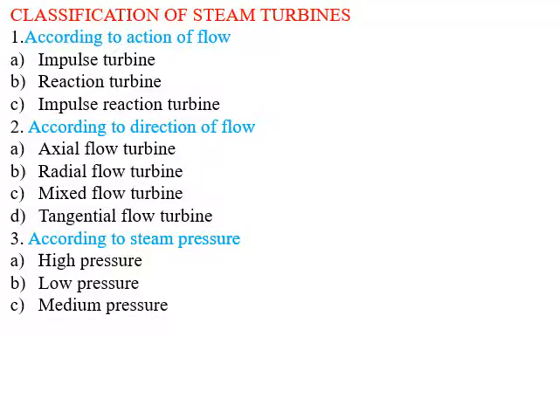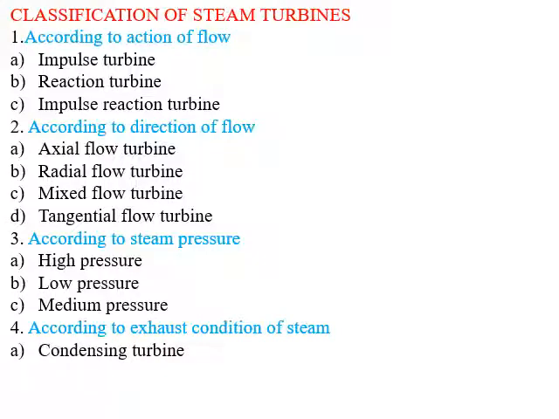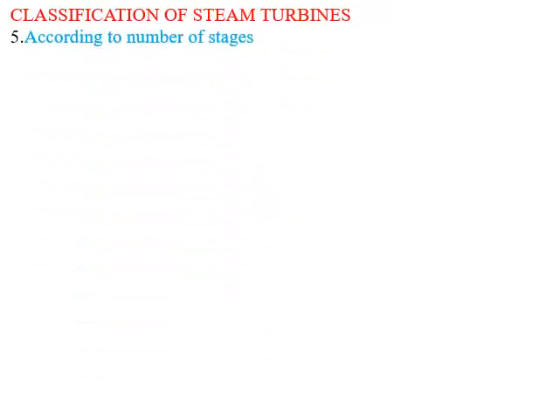According to the exhaust condition of steam, turbines are classified as condensing type and non-condensing type. And one more classification is according to the number of stages: either single stage turbine or multi-stage turbine.